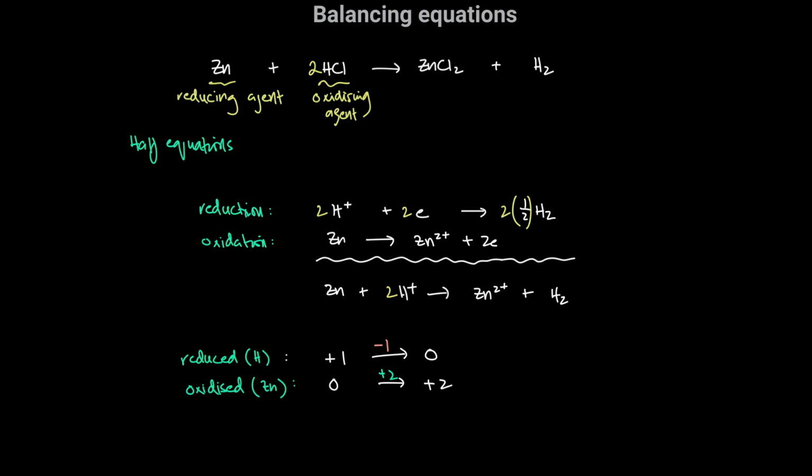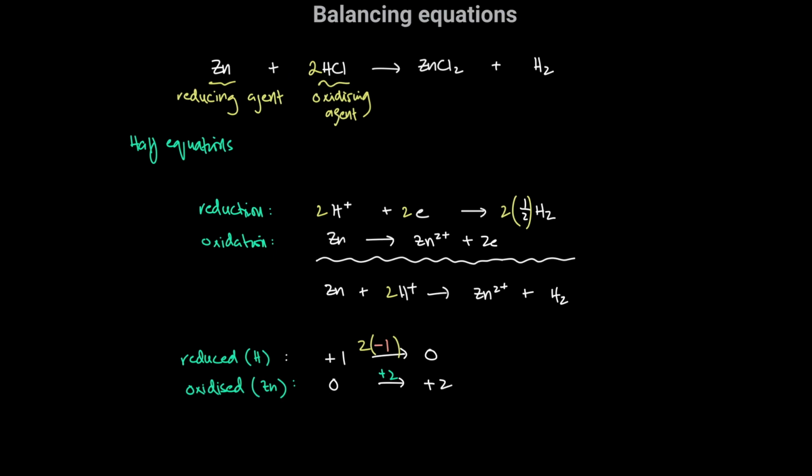For a redox reaction, the changes in oxidation number have to balance. So we need 2 hydrogen atoms for every 1 zinc atom, in order for the overall increase to balance with the decrease in oxidation number. So we can balance this equation using changes in oxidation number as well.